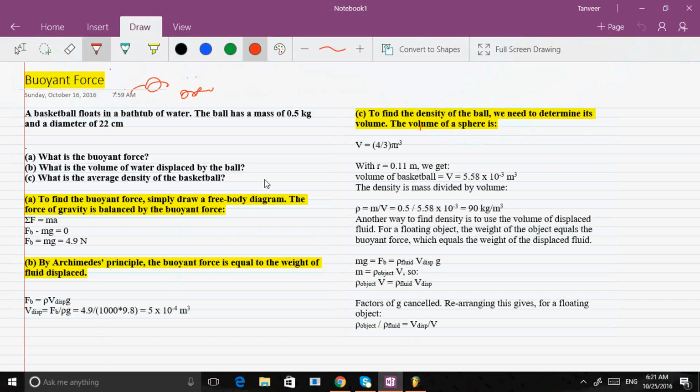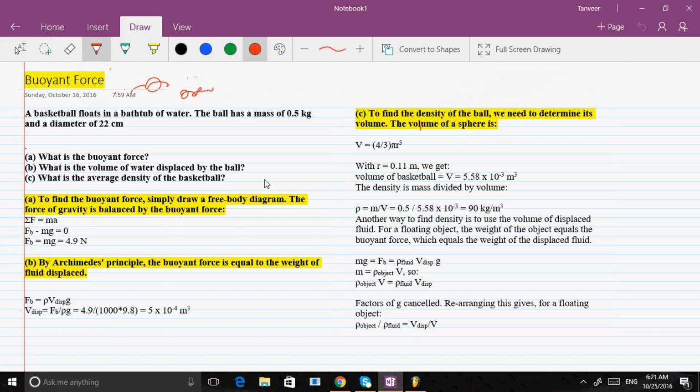The example is about the buoyant force, and in this case we have a basketball that floats in a bathtub of water. Means there is water in the bathtub, and the basketball floats in it.